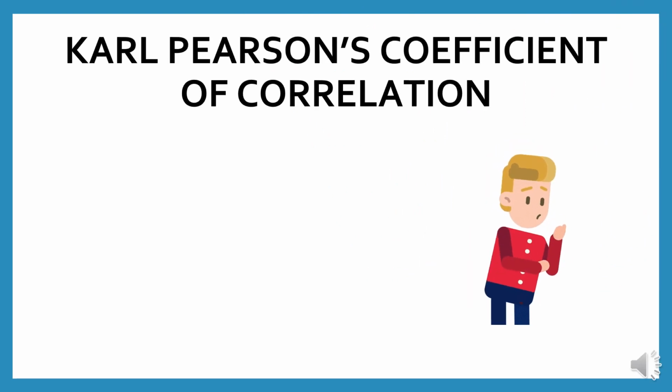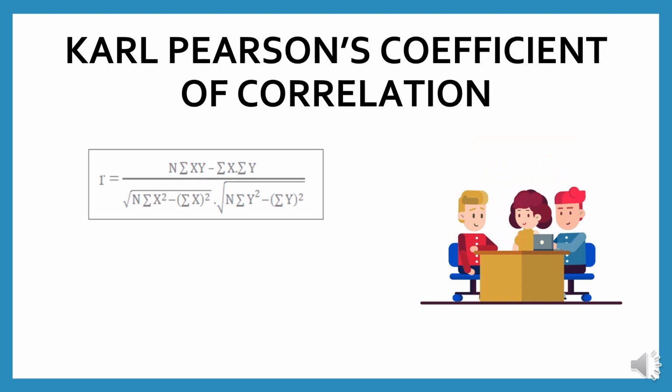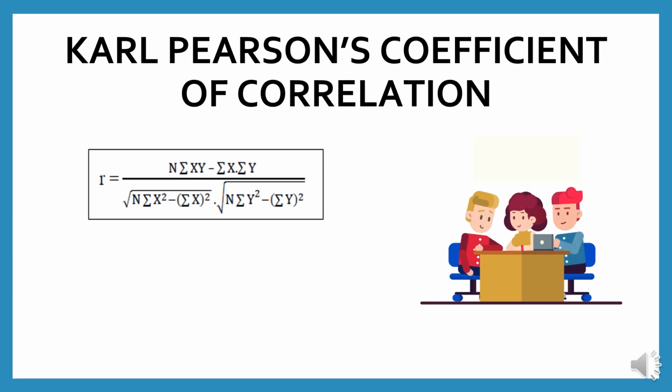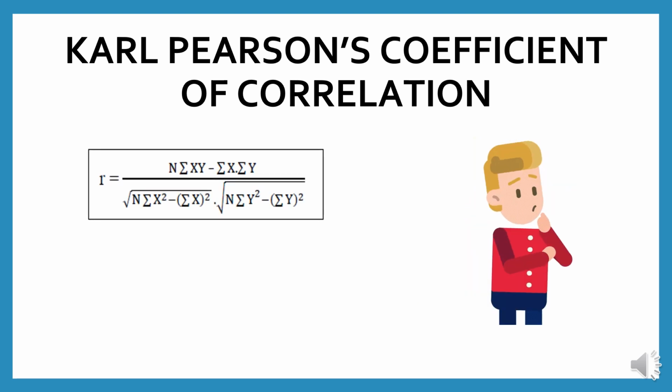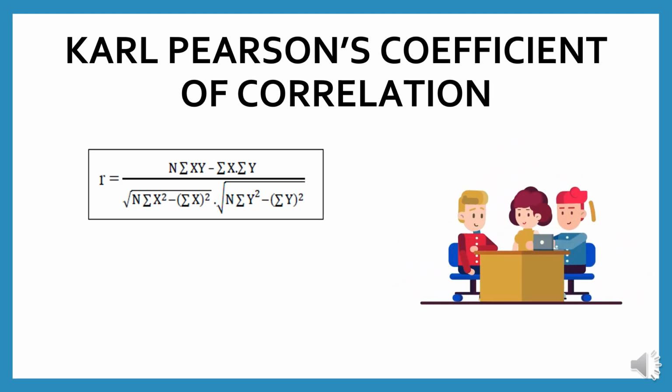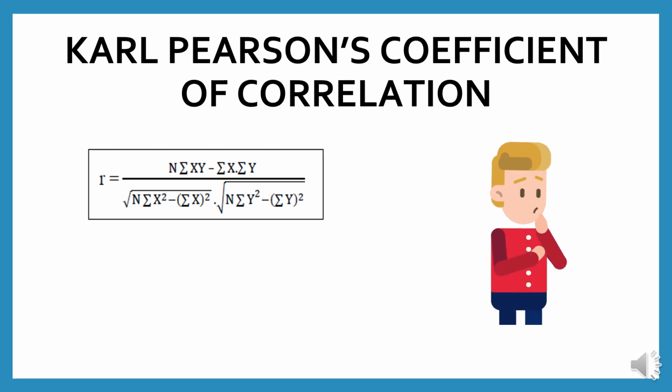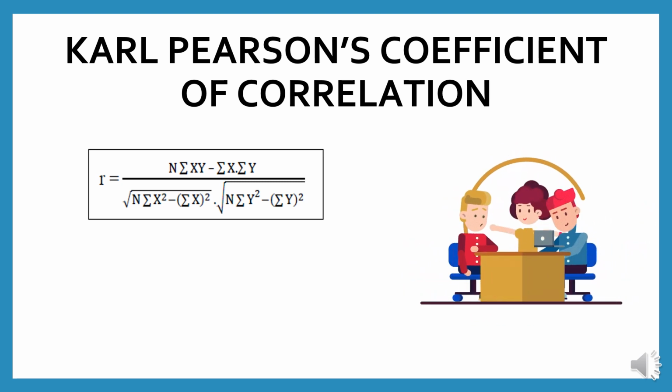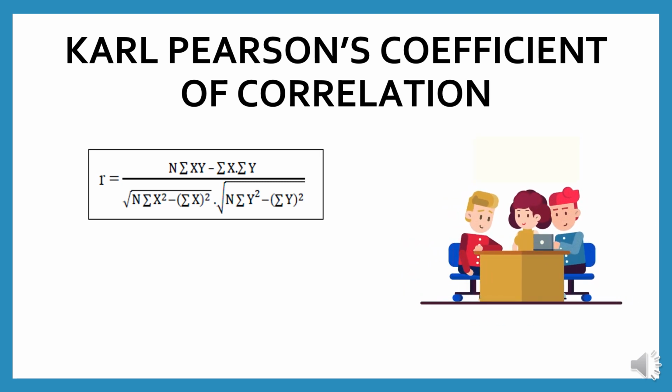Karl Pearson's coefficient of correlation. The formula for the coefficient of correlation under the direct method based on values, where the sizes of the given values of the variables x and y are small and all the values of the variables can be reduced to small size by changes in their scale or origin, stands as under.